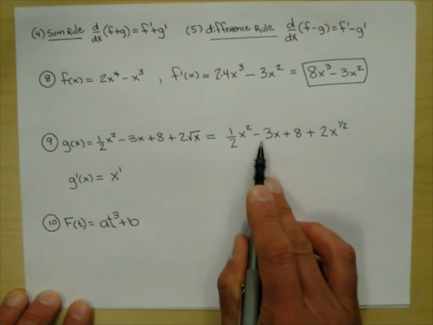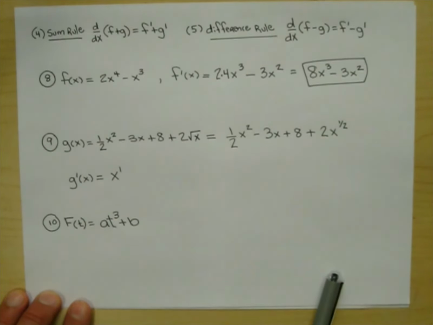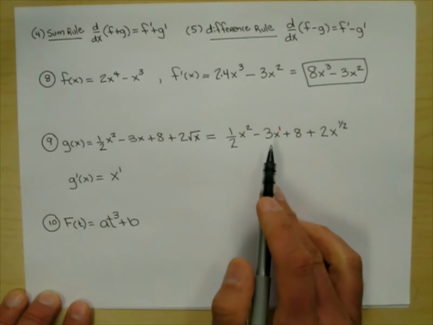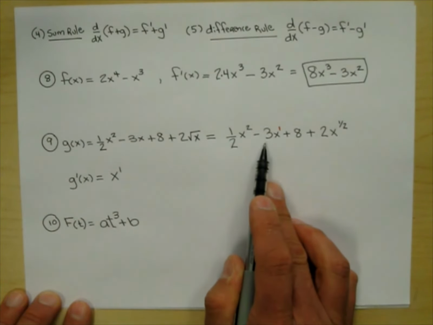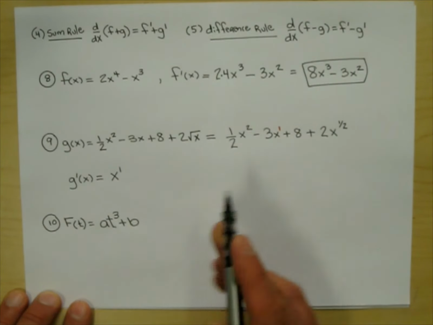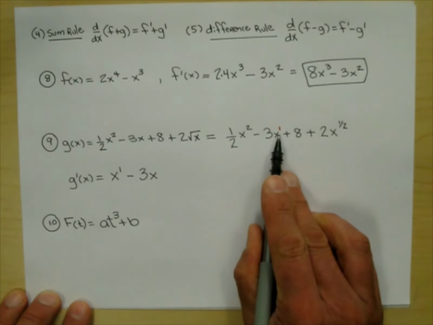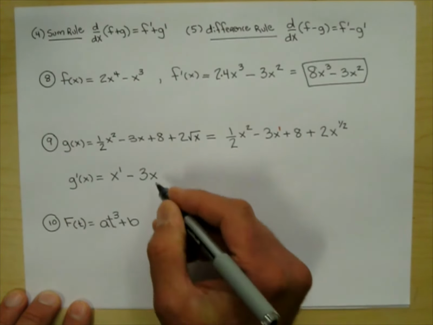What is the derivative of negative 3x? Well, there is a 1 up there. And you'll get used to this as you do more problems in your homework. The 1 jumps down and gets multiplied by the 3. So we have minus 3x to the 1 minus 1, okay, that's a 0.